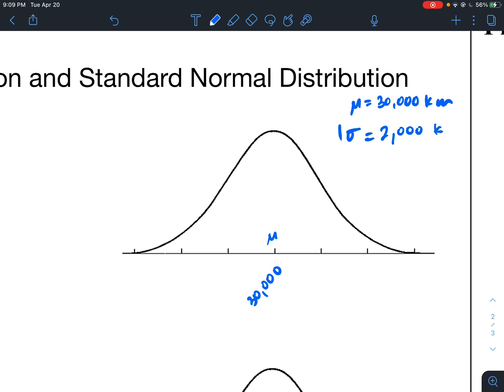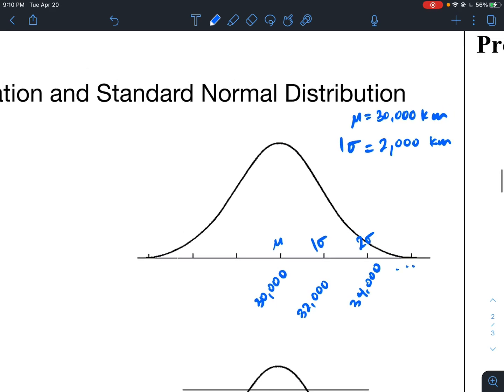A standard deviation tells us how much the data is spreading away from the mean, specifically the average spread. So one standard deviation to the right, 2,000 kilometers, would be 32,000 kilometers. Two standard deviations would be 34,000 kilometers, and so on and so forth.